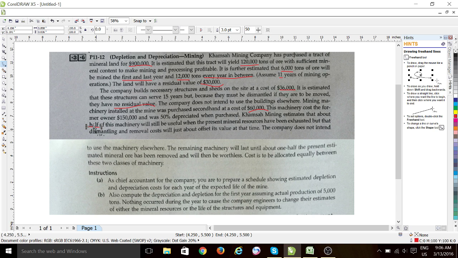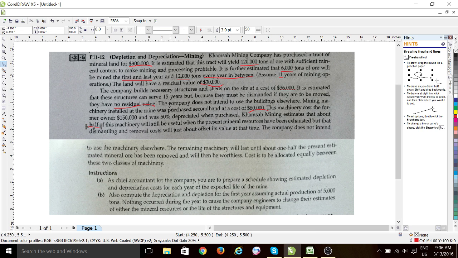This means that half of this machinery is estimated to have a useful life of more than 11 years, just like the building. But because the mineral resource will only be available for 11 years, it is estimated to be useful for 11 years. So we use an 11-year useful life instead. We just use the closest one.